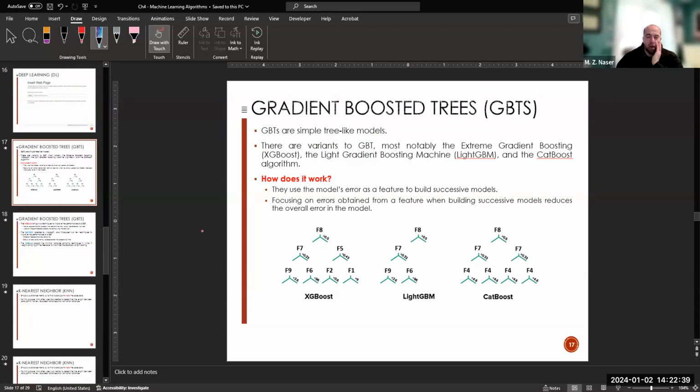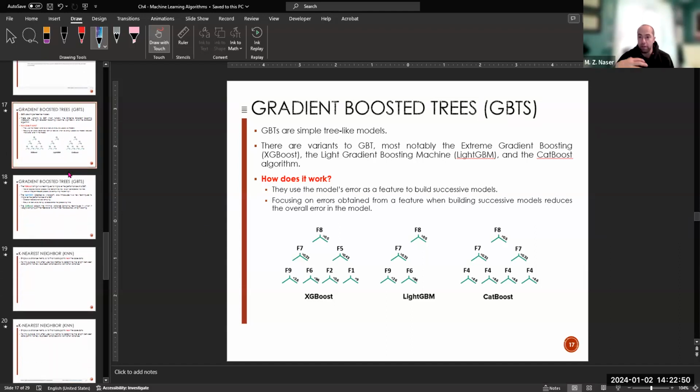Then we move on. So artificial intelligence, ANNs, deep learning, decision trees are very common in our case. What's also very common are anything that looks like a tree. So GBT is gradient boosted tree. This is not like GPT, the one from ChatGPT. So this works like a tree as well, and it has multiple variations.